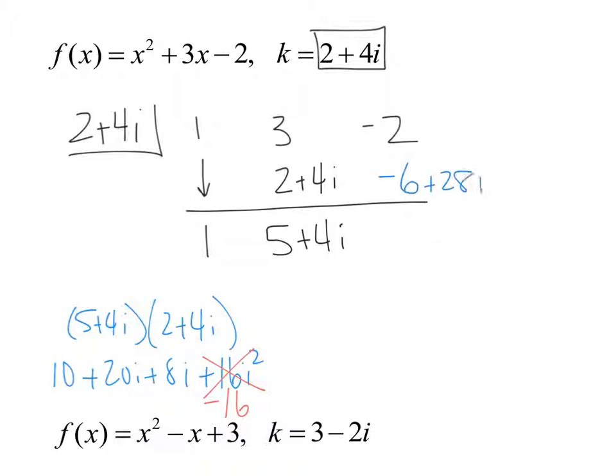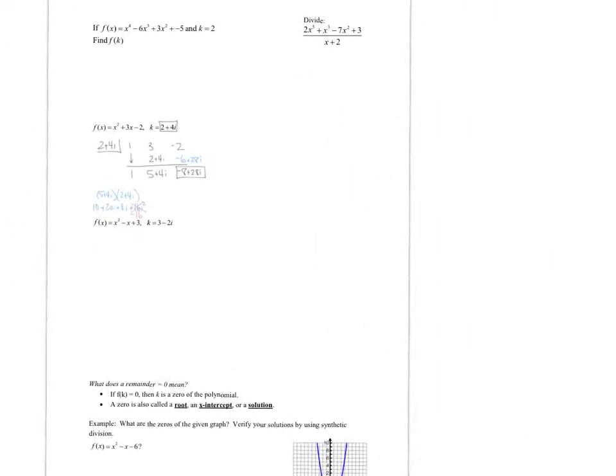Plus 28i, and again you can only combine like terms, so combine the negative 8 plus 28i. So basically when you plug in a value that is a binomial that has an i in it, your answer is going to have a number with an i in it, or a binomial as well. So it's the same exact process as yesterday, except you can also do it with imaginary numbers. And we'll talk a little bit later about what it means to actually be plugging in imaginary numbers.